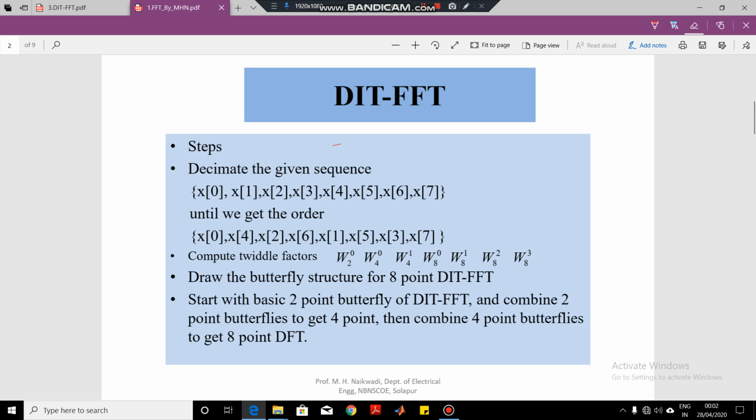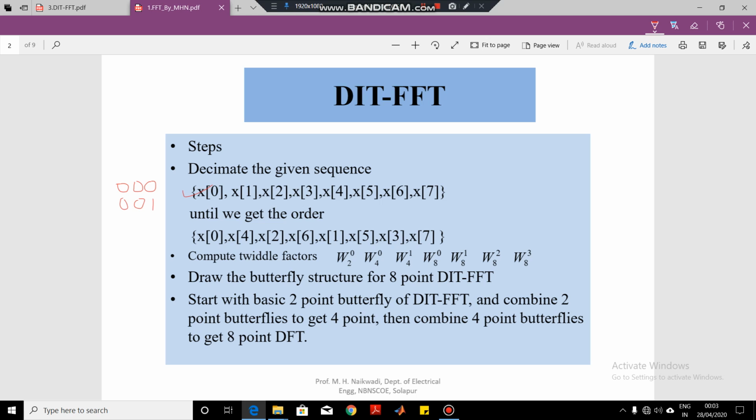Now here we are having 0. So what is the binary representation of 0? It is 0 0 0, the 3-bit representation. Now what is the binary representation of 1? It is 0 0 1.